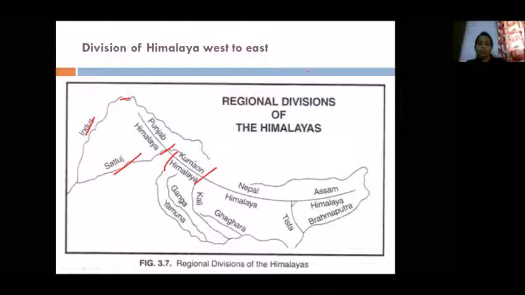Then Kali to Tista and Tista to Dibang. These are the four regional divisions of the Himalaya from west to east. I hope you are understanding the physiographic divisions of India. The first division we have seen is the Himalayan ranges; their formation and location we have seen in this part.